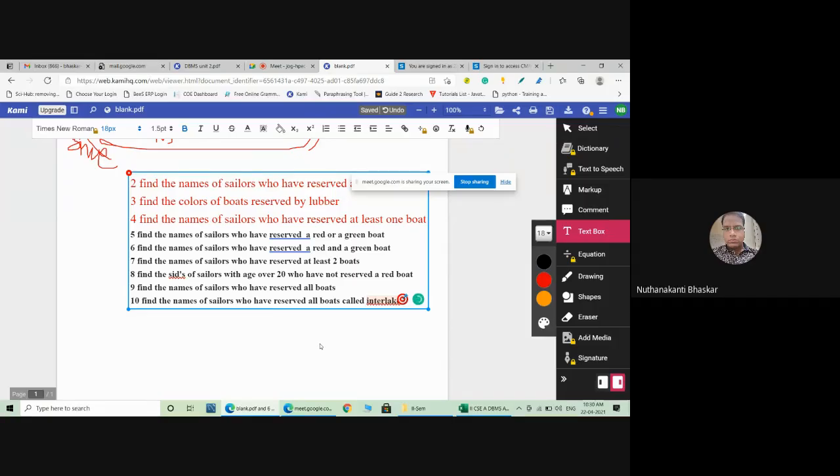Interlake is a boat name. Here we have to display all the sailors who have reserved all the boats, and those must be Interlake boats. So these are 10 queries.